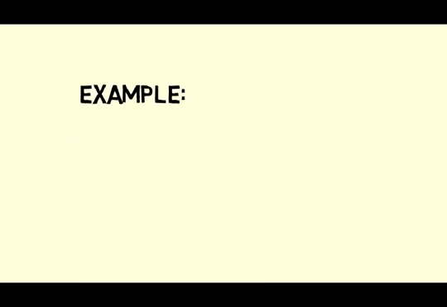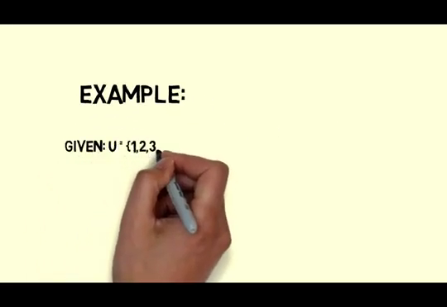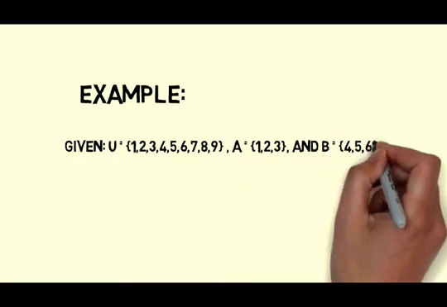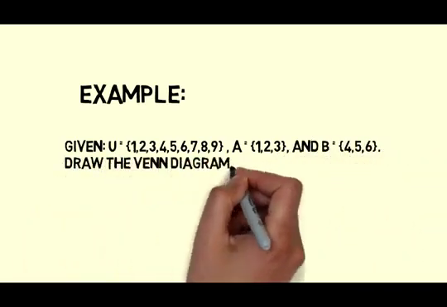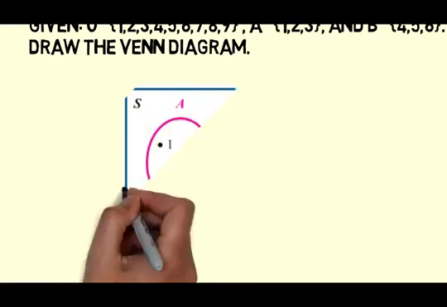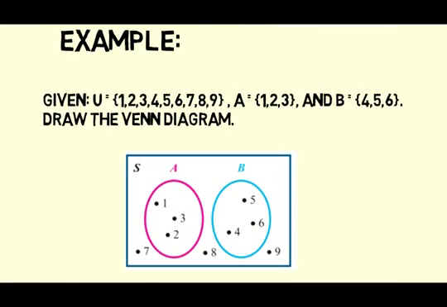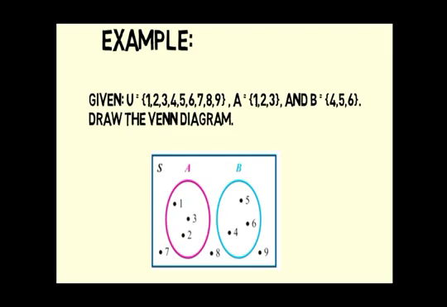Example: given the members of the universal set are 1, 2, 3, 4, 5, 6, 7, 8, and 9.